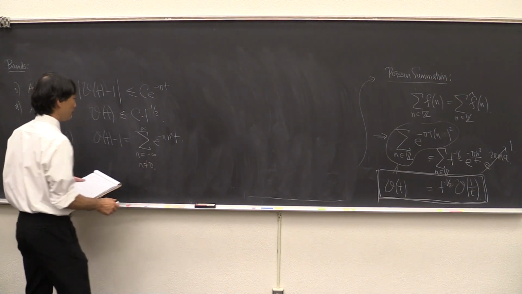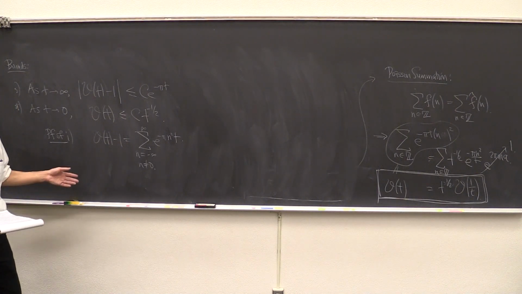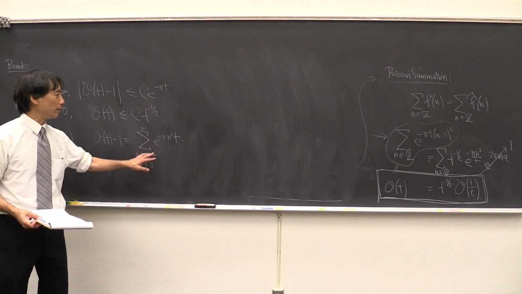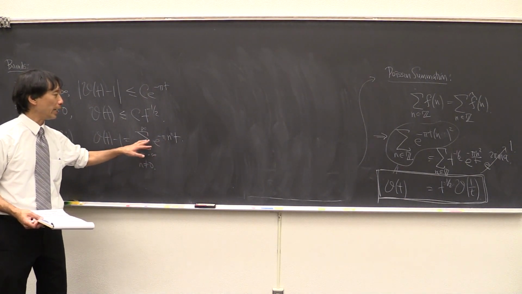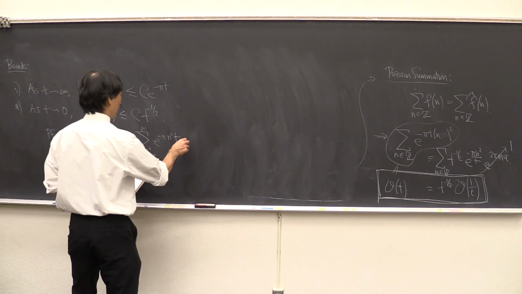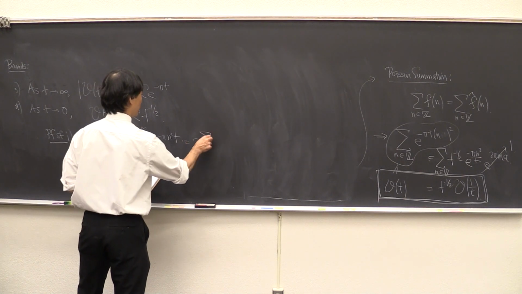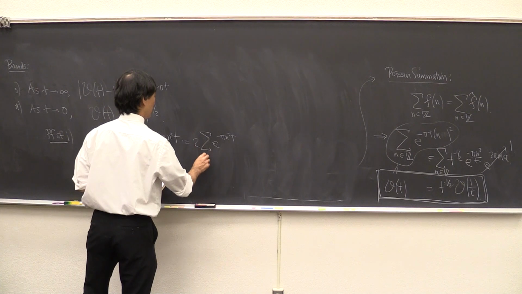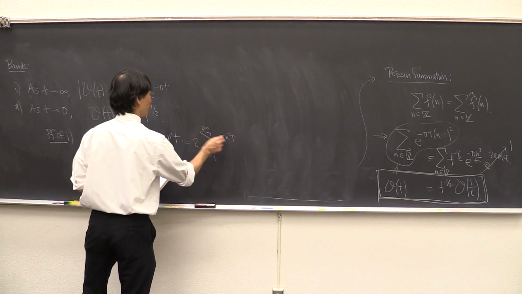Just subtract off the zeroth term. This expression is even in n, so we write it as twice the sum of e to the negative pi n squared t as n goes from 1 to infinity.